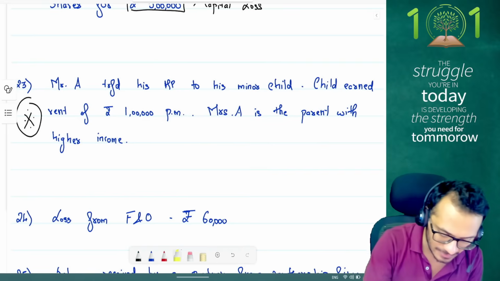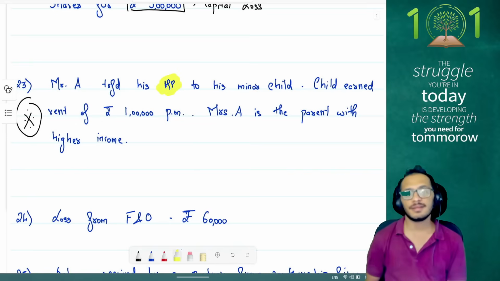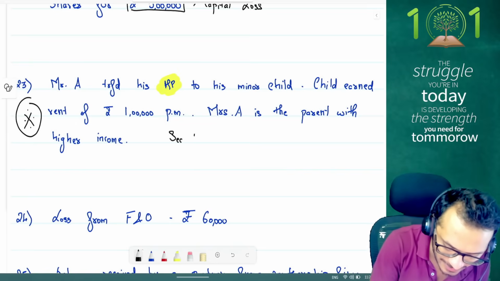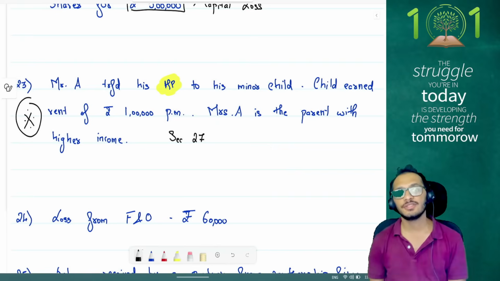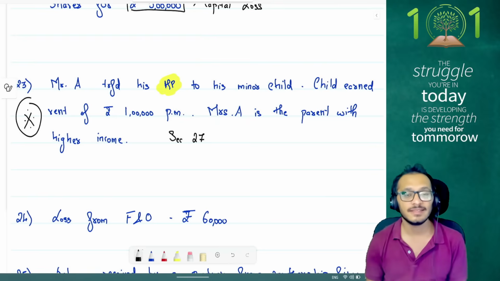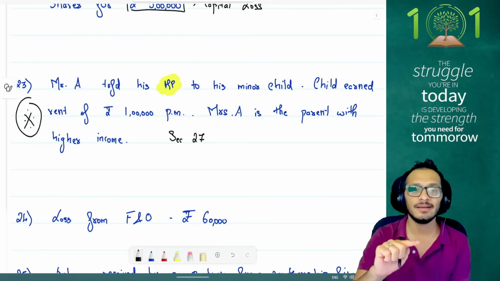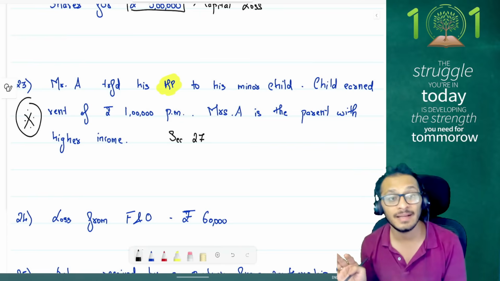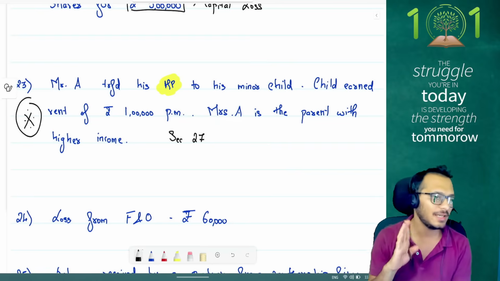Notice carefully, people, this is a house property. Now when it comes to house property, before clubbing applies, there is a section called section 27 which talks about deemed ownership, and deemed ownership says when any parent is transferring anything to his minor child, that respective parent is taxable under the head HP. I'm repeating myself once again.